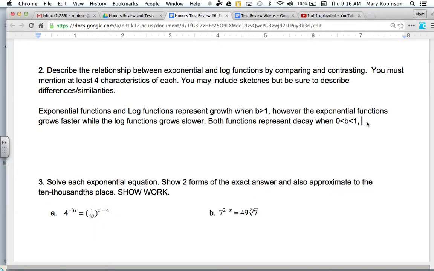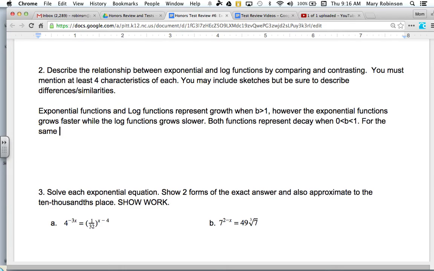So for the same b value, let's just say decays faster, and the exponential function decays slower.